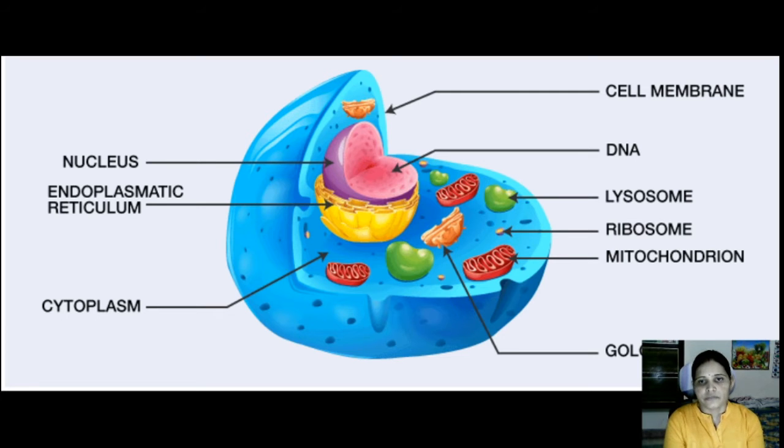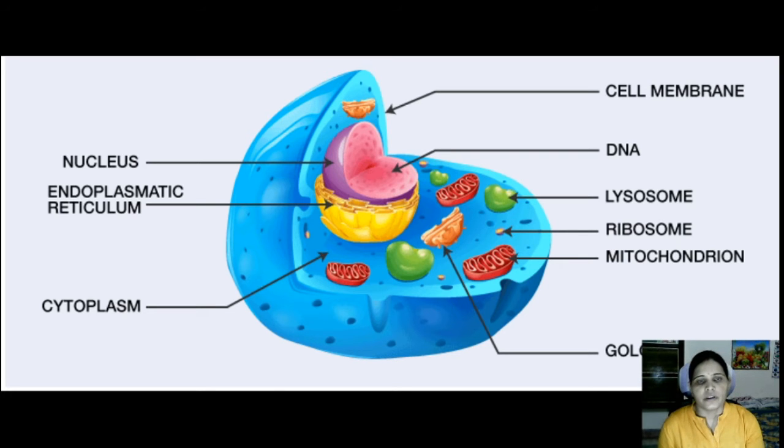It takes part in transportation of materials that are synthesized inside a cell, either proteins or lipids, etc. Then very minute particles you can see here are ribosomes. Ribosomes are also called protein factories of a cell because they take part in protein synthesis in association with messenger RNA. Ribosome consists of two subunits, a smaller subunit as well as a larger subunit.